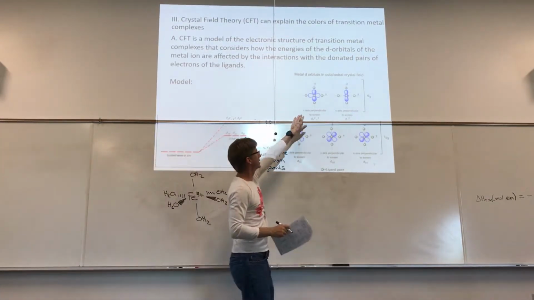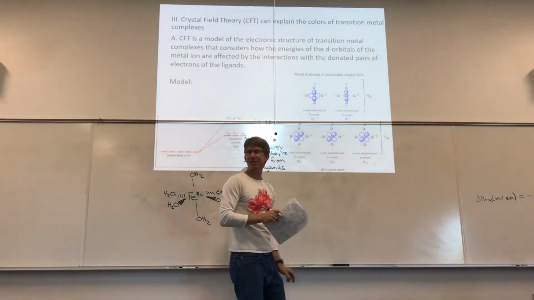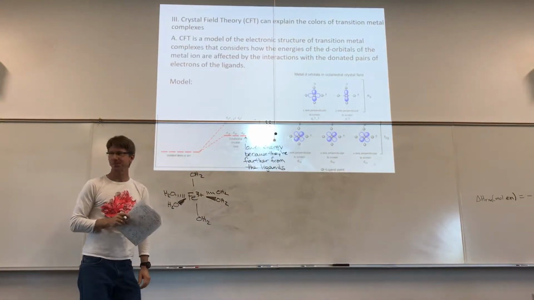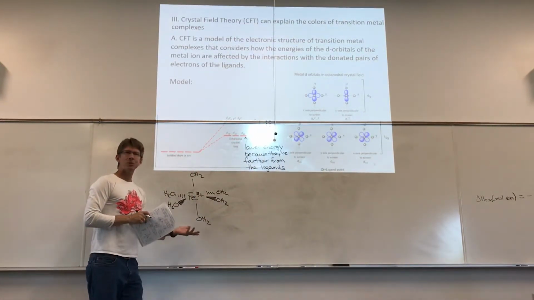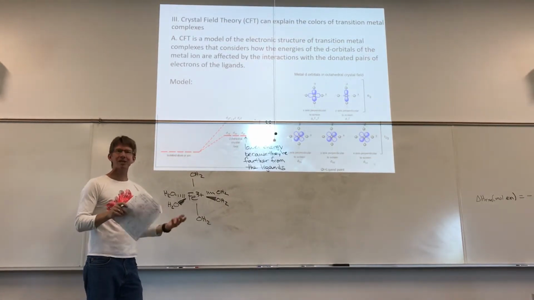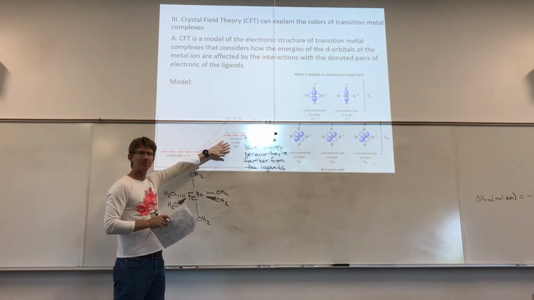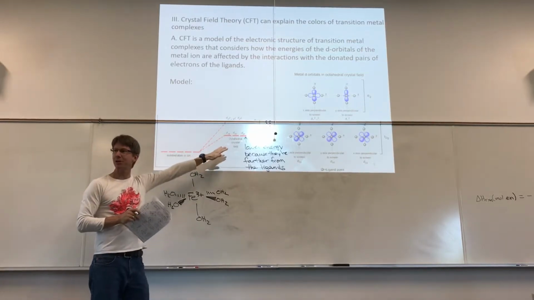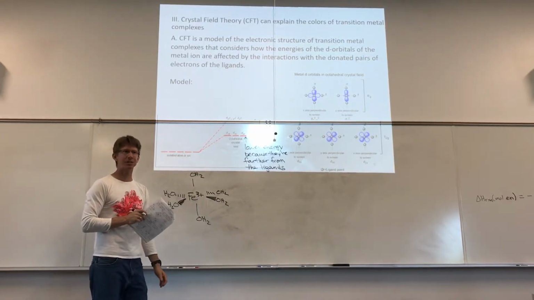And then the ones higher up are higher energy because they're closer to the ligands. And one of your homework questions for this chapter says to actually draw some of these and draw them closer and farther as you would expect for the different shapes.